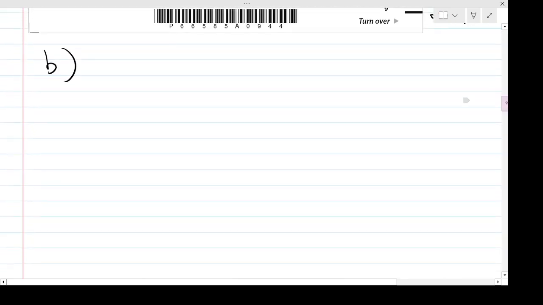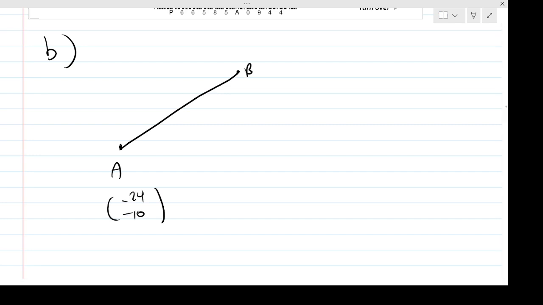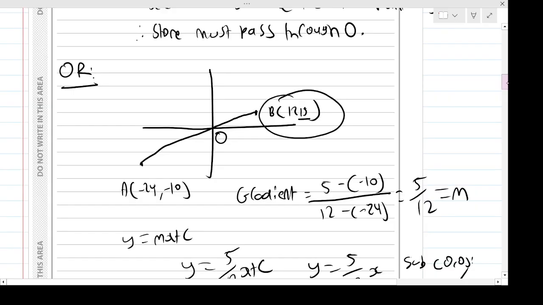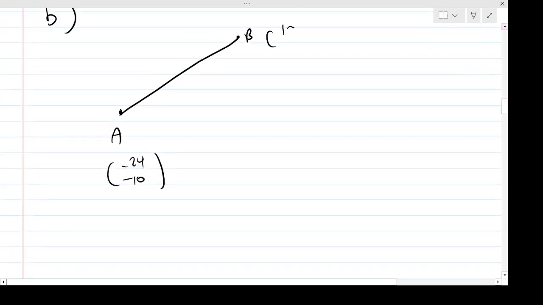Okay, again, if I plot the line A to B, we have A here and B here. A is the vector minus 24, minus 10, I think. Yes, and B is 12, 5. So that's the stone's movement from A to B.